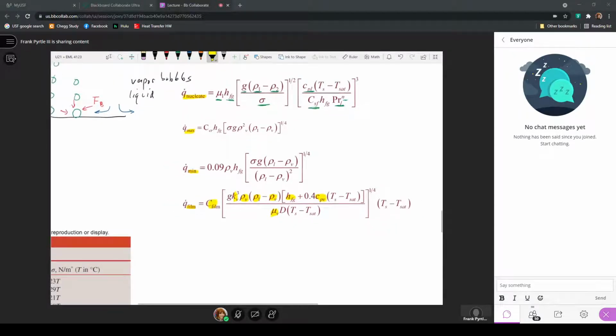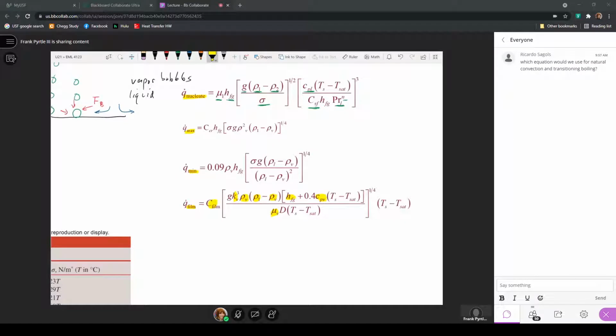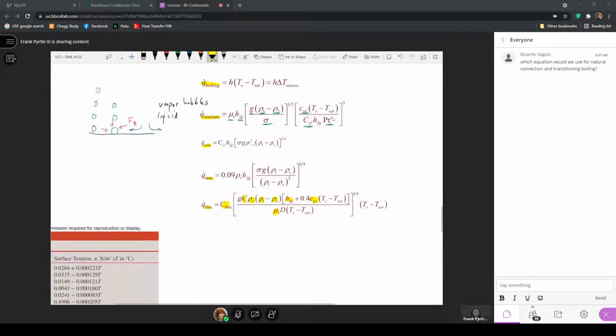So if it is exposed to the atmosphere at 1 atmosphere or 101.325 kPa, then the saturation temperature is just set at 100 degrees, and we would evaluate all these properties at that particular temperature. But this heat flux associated with film boiling is not one that's actually used very often, because this is not a place that we actually want to operate.